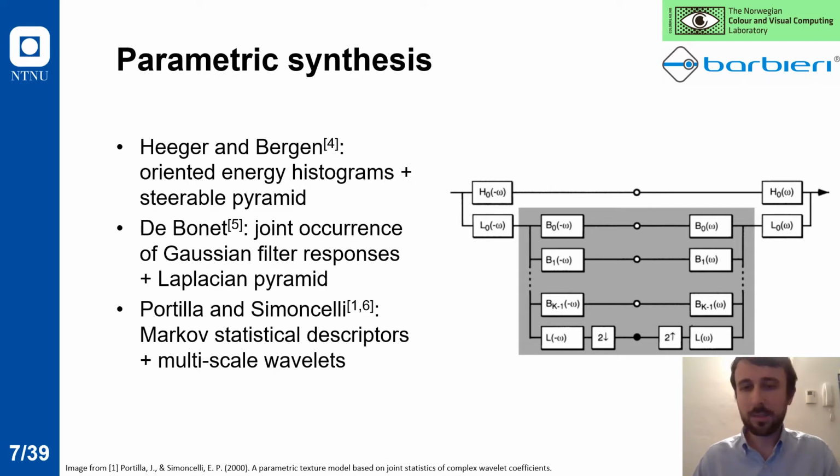The most successful parametric synthesis methods are usually based on mixing the feature description of the input texture with a scale decomposition that generates copies of the input at different scales.